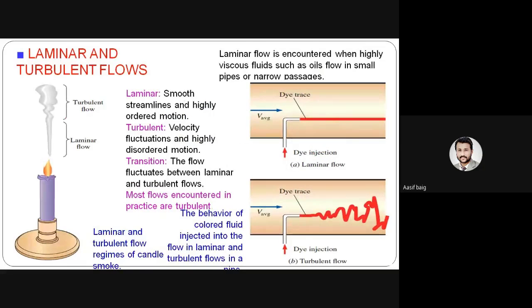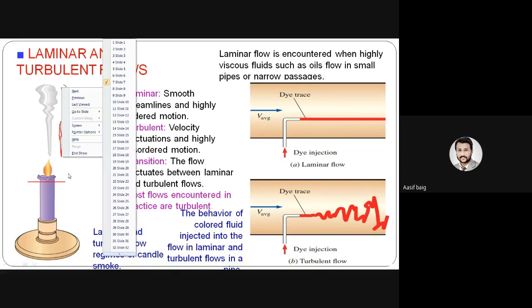Now we will talk about the laminar and the turbulent flow, which is the requirement of this lecture. So from this flame of the wax, you can see the initial stage. We can say this is the laminar flow, and this section is the turbulent flow.